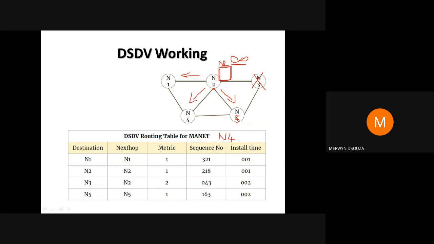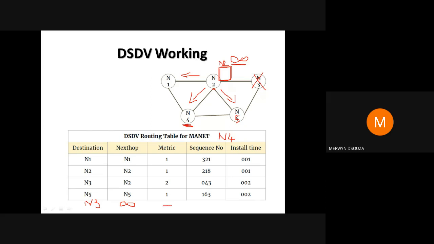Okay, so assume that N2 had made this entry. Since this is the table for N4, let's only discuss for N4 how that entry change will be made. N4 will get this table from N2 and it will make this entry like this. It will enter the node as destination. Next hop is infinity.